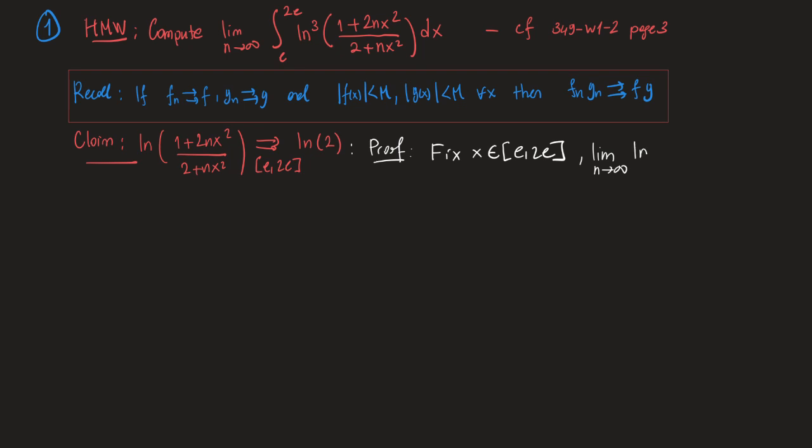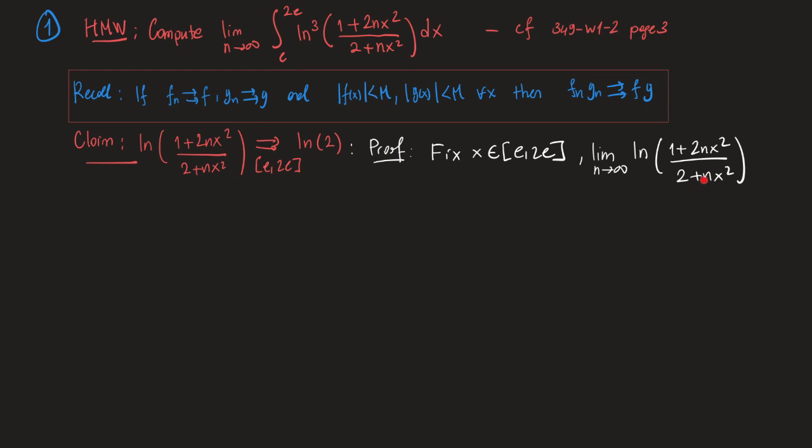Now, ln of (1 plus 2nx squared) over (2 plus nx squared). Since ln is continuous, you know that I can interchange the limit and ln, because that's how continuous functions work. So when n is going to infinity, just consider n as the variable, not x. x is just a fixed constant for the time being.